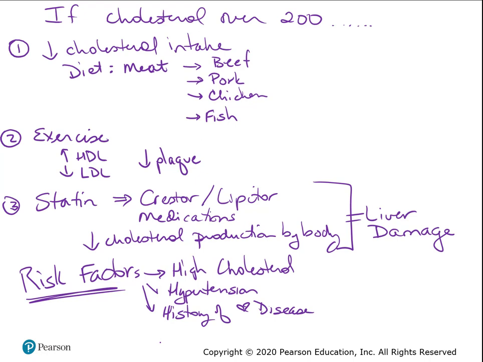So cows, red meat is the highest. And that also includes dairy, because that comes from a cow. Red meat, dairy, butter also comes from a cow. Any kind of cow product is going to have higher cholesterol content.